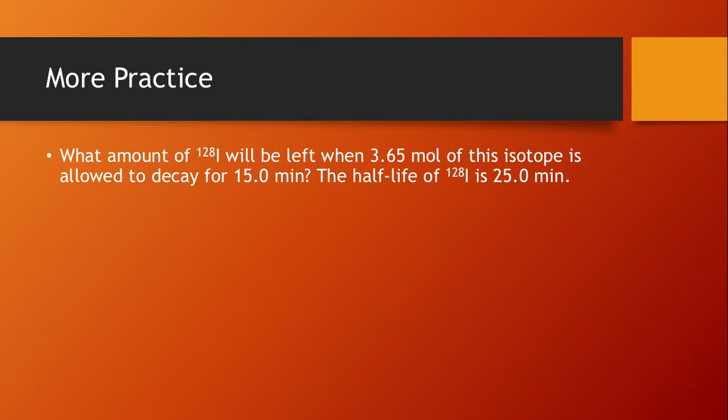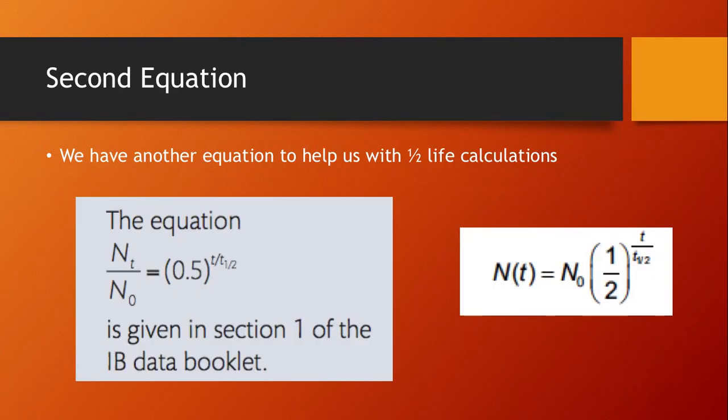Okay, so we know the amount of our isotope, we know how long it is allowed to decay for, and we are given the half-life. If we look at the previous slide, you can see the equation that we are going to use.